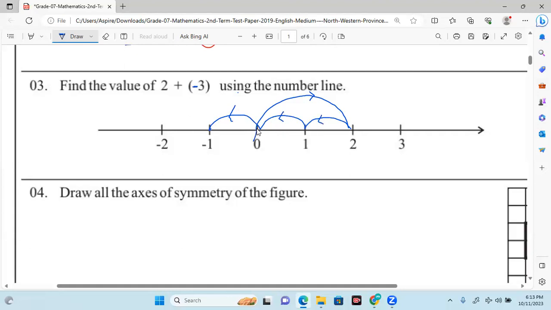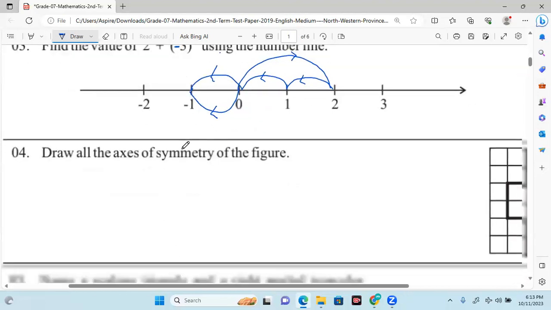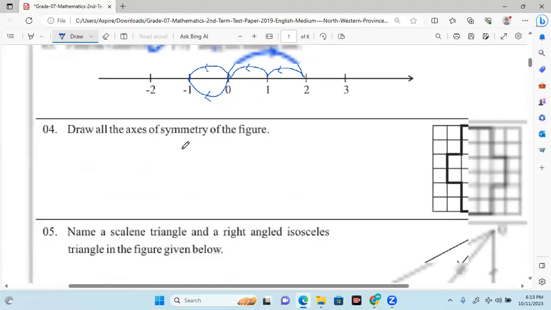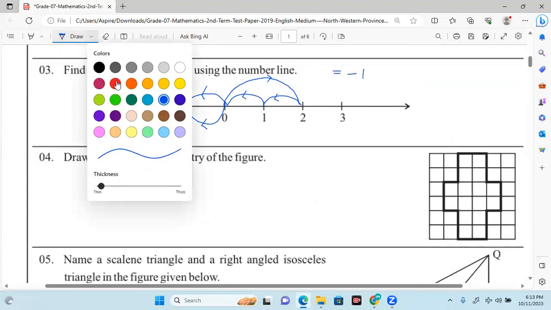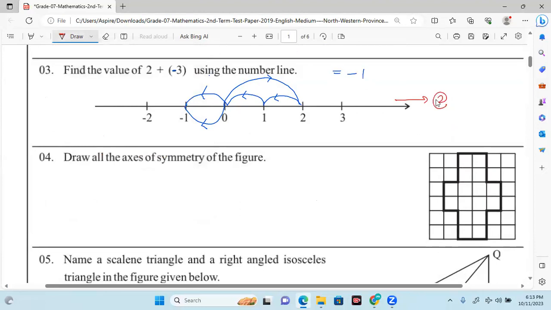Then finally we have moved to the -1. Then the answer is -1. Then 2 marks are given.